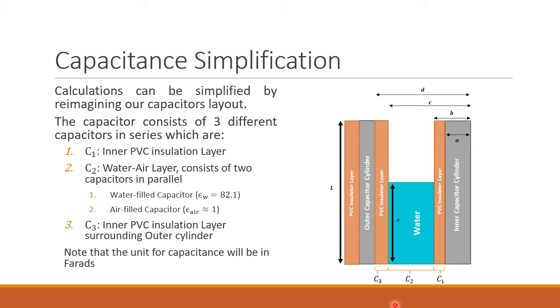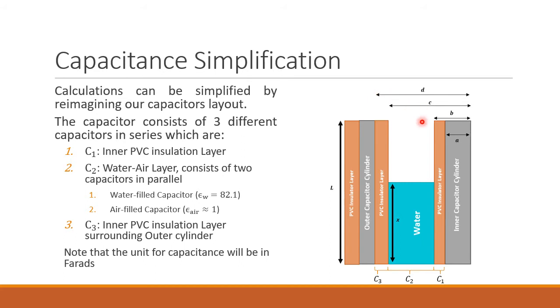Now, the calculations for the capacitance can be simplified if we simply reimagine our capacitor's layout. Essentially, we have 3 capacitors that are in series. C1 and C3 represent 2 capacitors that correspond to the PVC insulation layers.